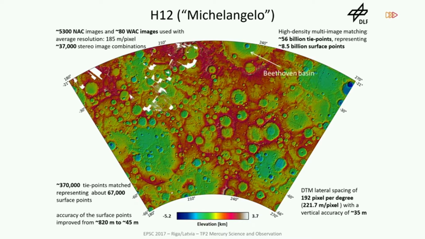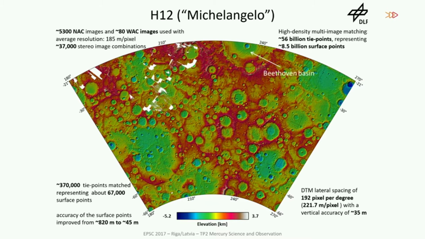Then we have the Michelangelo, the H12. It's similar. We have almost 5,300 NAC images, only a few WAC images. The image resolution is a little bit less than for the H11 quadrangle. We have a little bit more stereo image combinations.